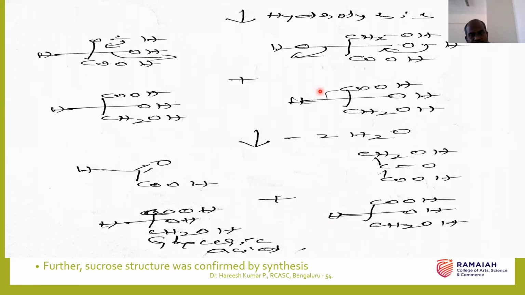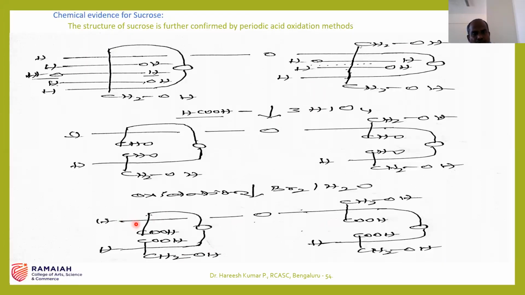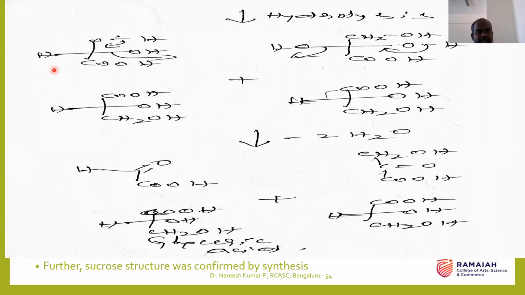Okay, I will go back to the previous one. Here CHO, CHOH, COOH, and here COOH, CHOH, CH2OH, and then here an OH comes at the breakage. That's what I have written here.